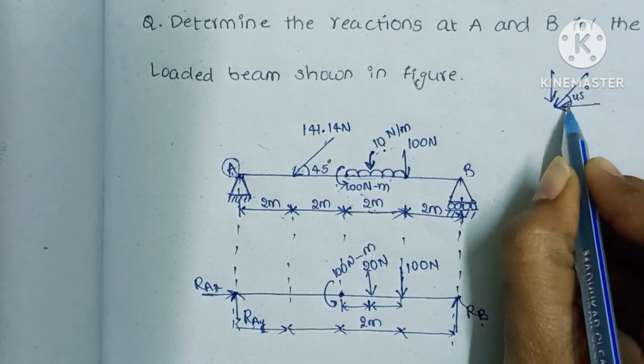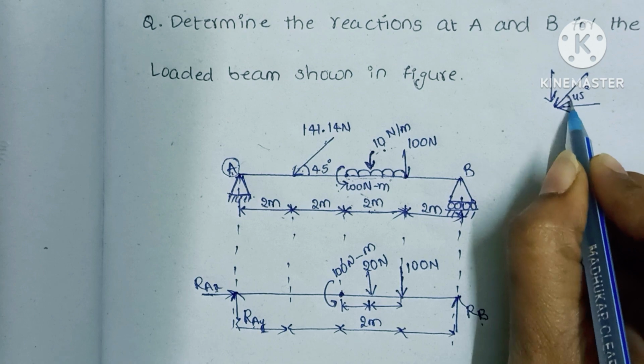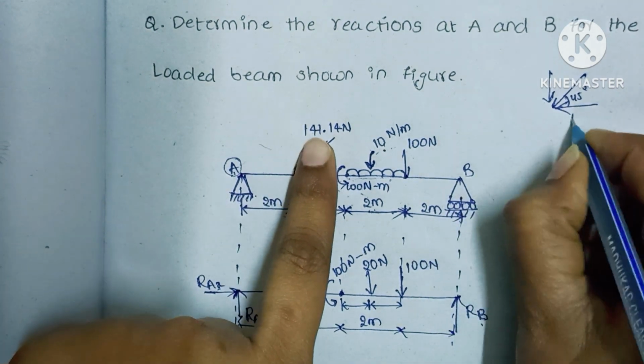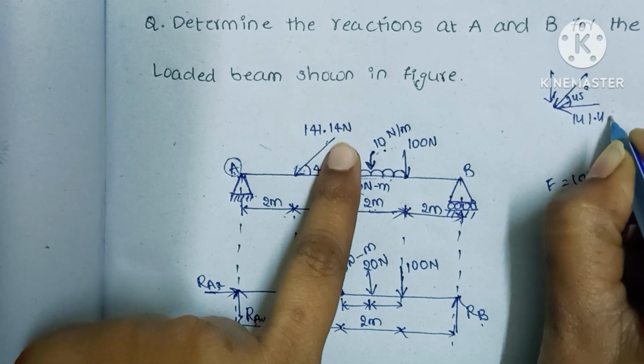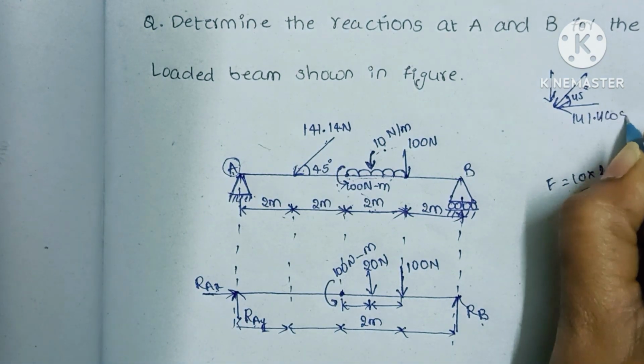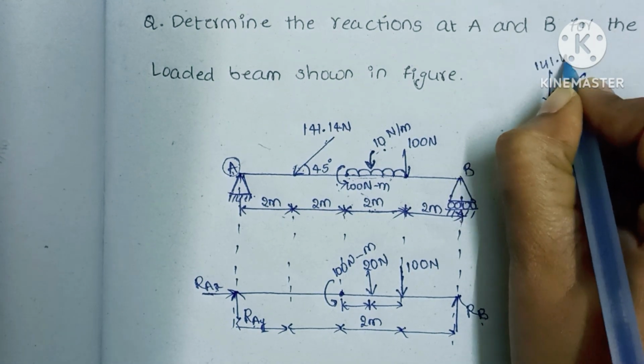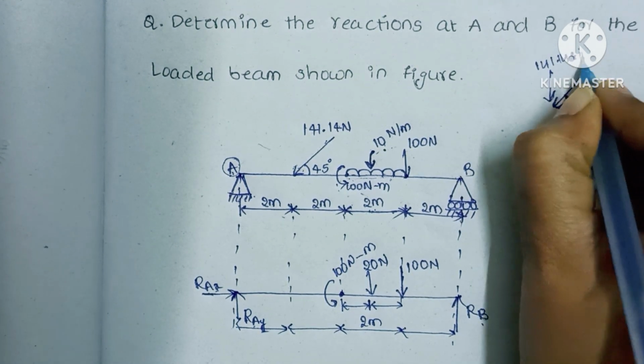We know that wherever the angle is acting, that side we have cos. So the force is 141.4, and here we have cos 45 and the remaining one is 141.4 sin 45.